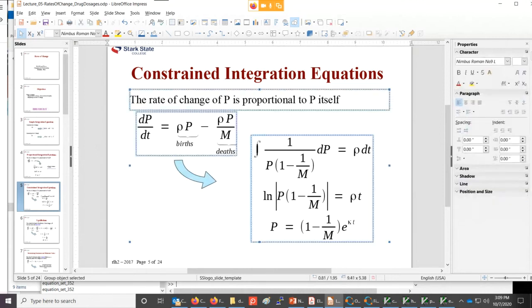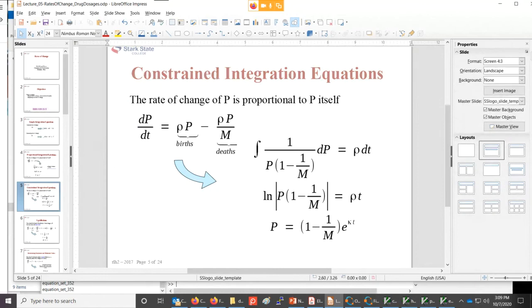If we have this variable rho here, it looks like a lowercase p, but it's actually technically rho. If we look at rho times the population, that specifies the growth. So whatever value rho is, the larger rho is, the more births that you're going to have.